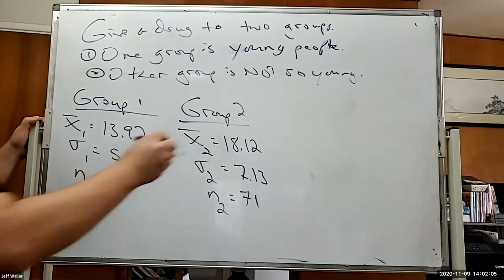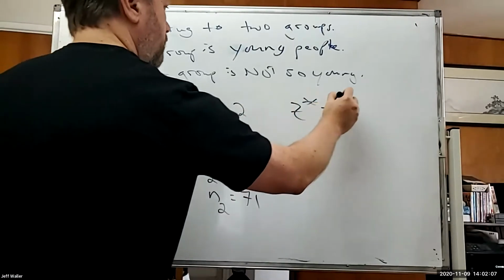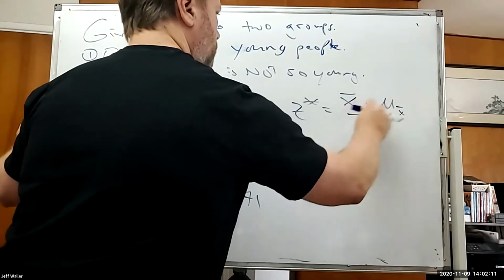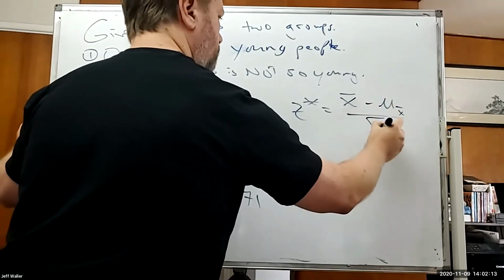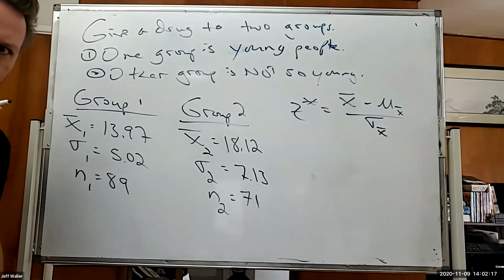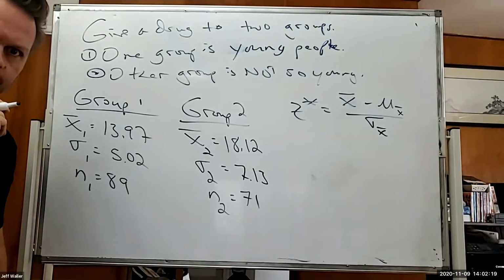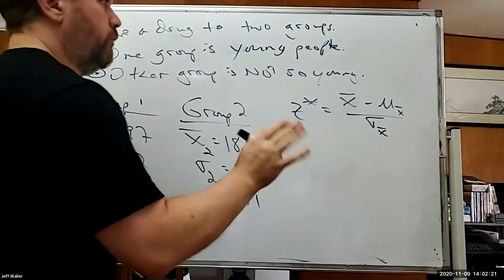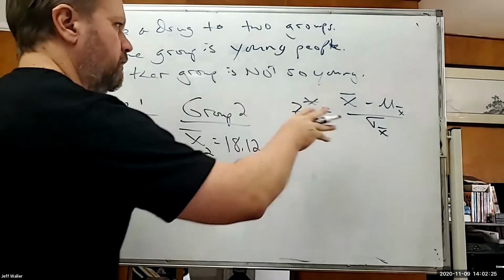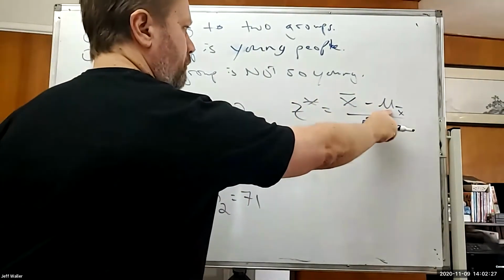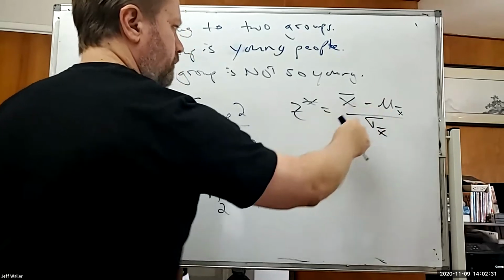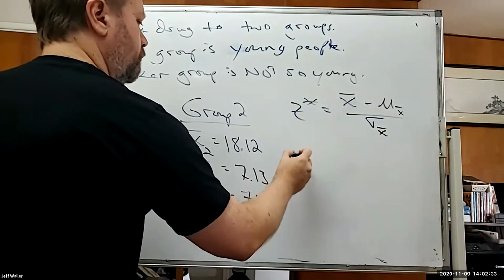The standard Z star formula only has room for one sample mean, right? In fact, it's only got one population mean that it compares to. So here's what's going to happen.